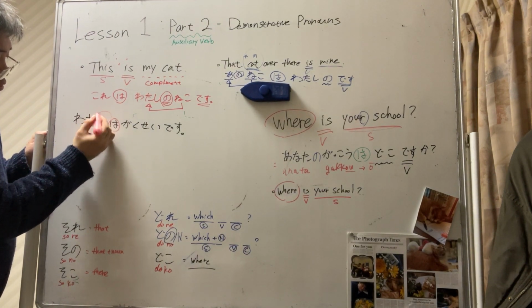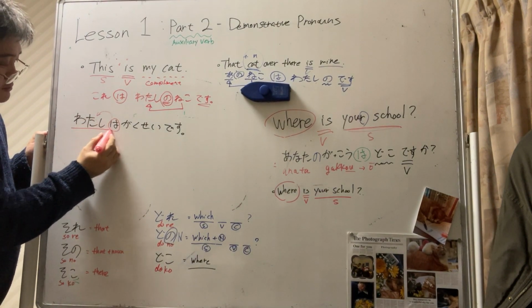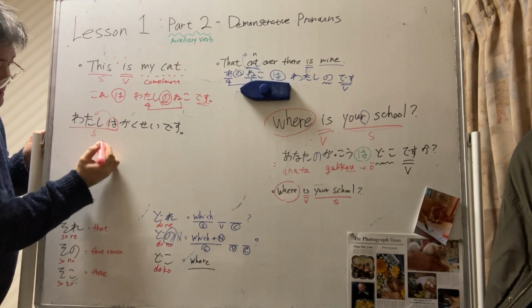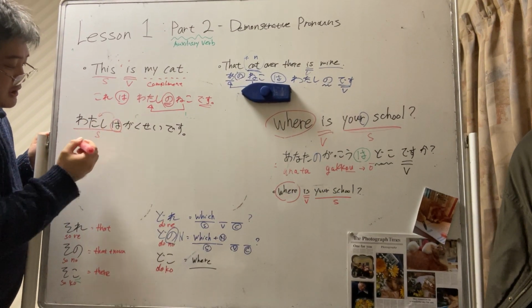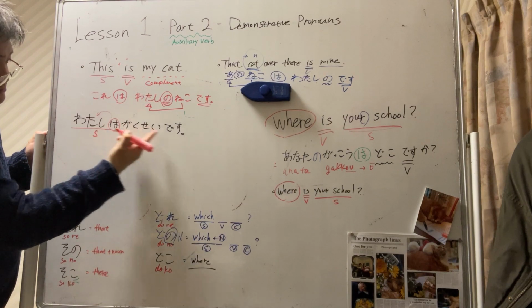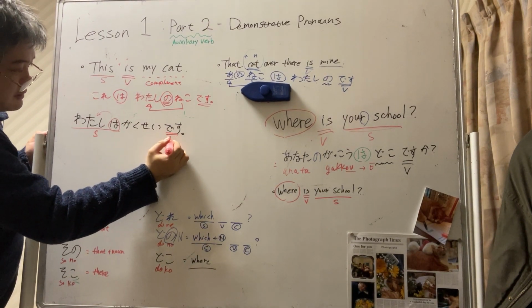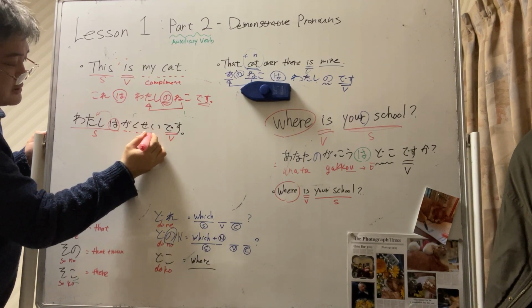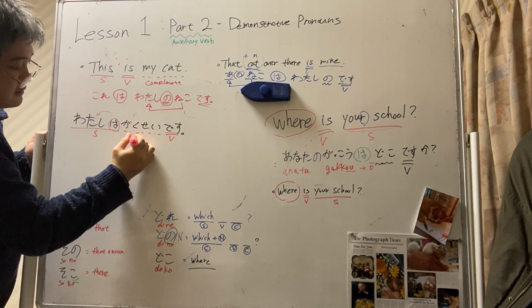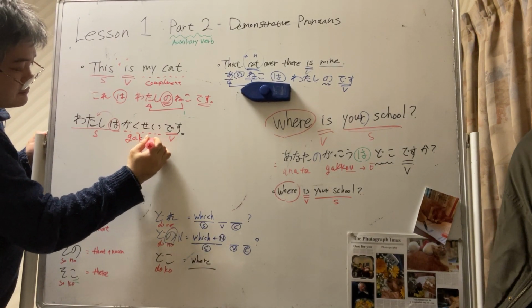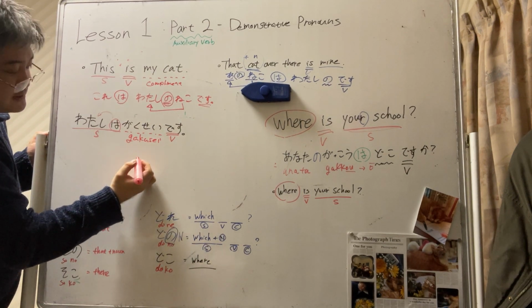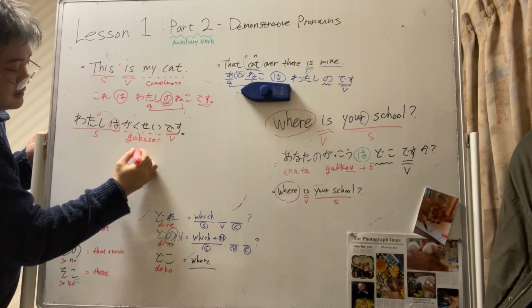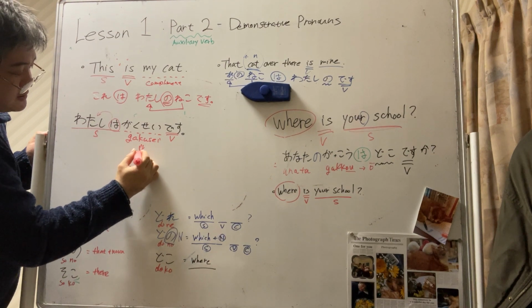Whatever comes before wa is a subject. Together this becomes a subject, and then the verb here. Identify the verb, at the end of the sentence. This is the complement. Again, gakusei means student.